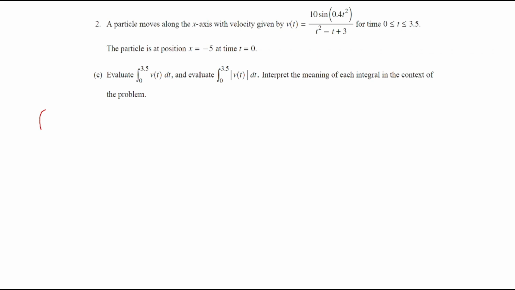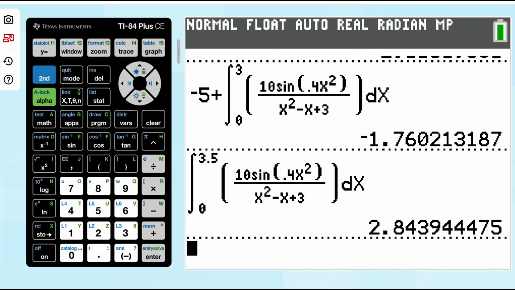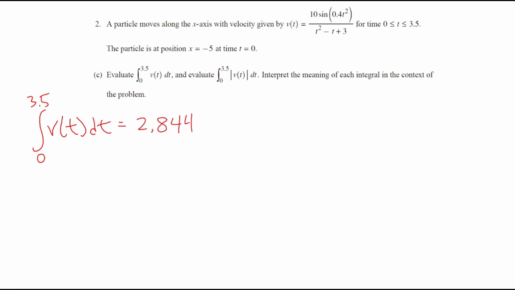So we'll write that out. The integral from 0 to 3.5 of v of t dt was equal to 2.844. I guess we should check that. 844. And when we integrate velocity, it gives us displacement.